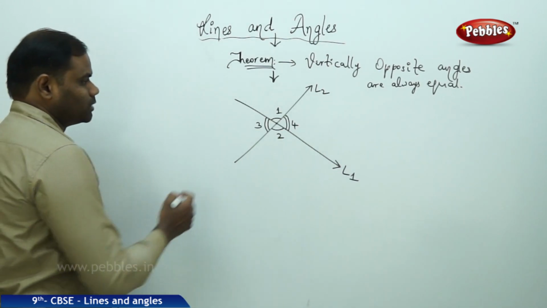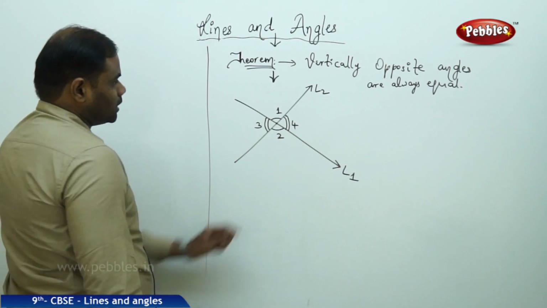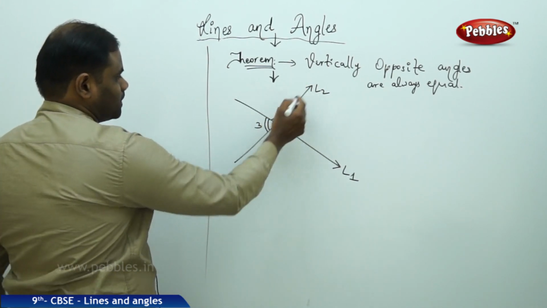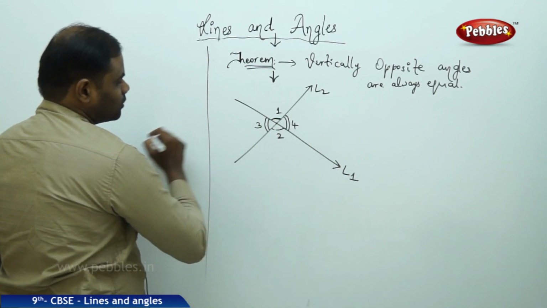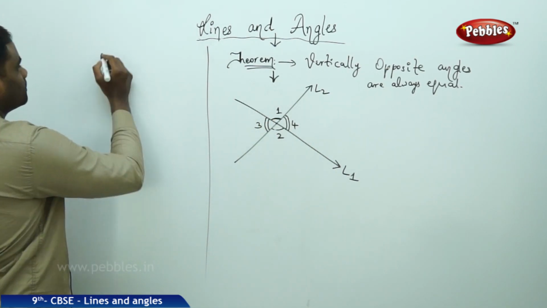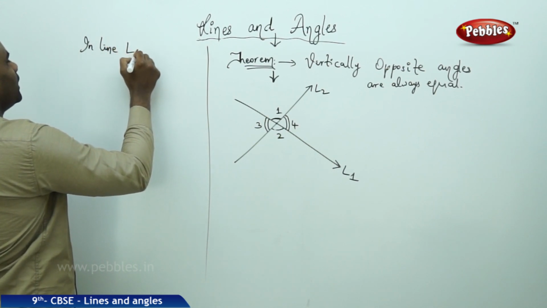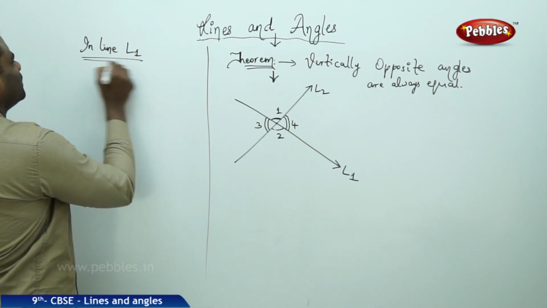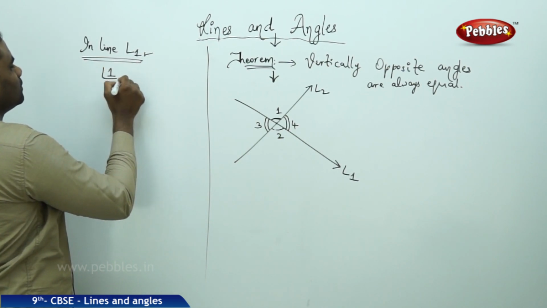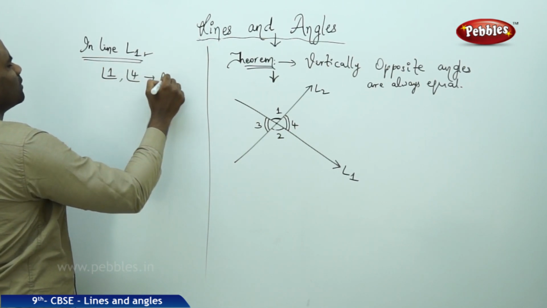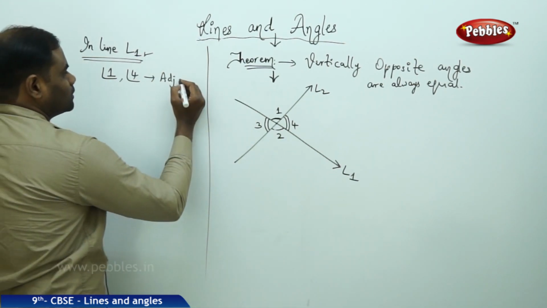Let's take the first case. If I take this line L1, I clearly see that angles 1 and 4 are adjacent angles, beside each other.